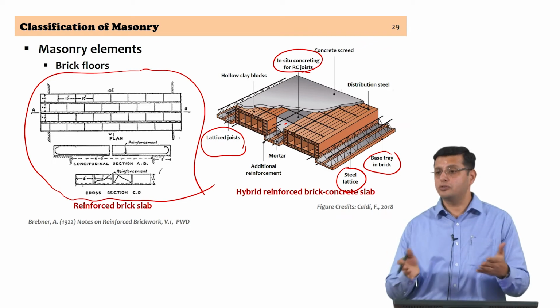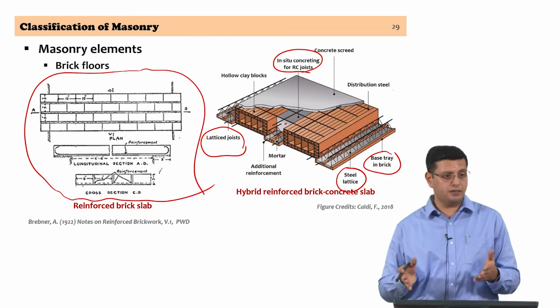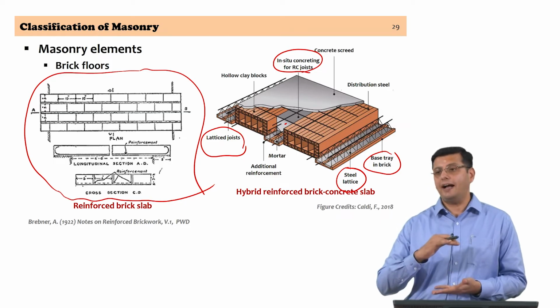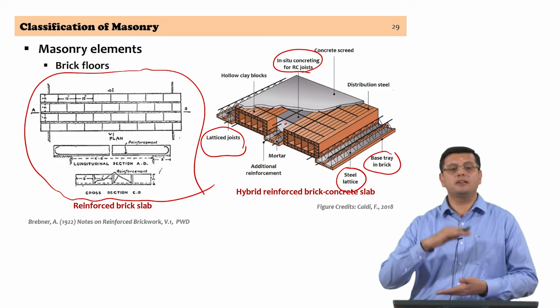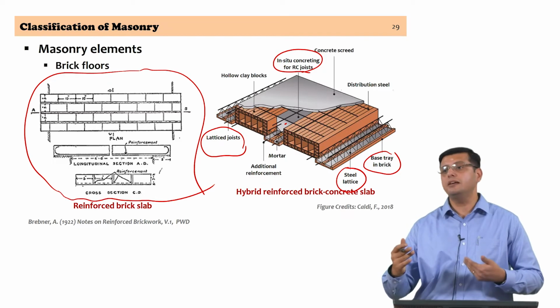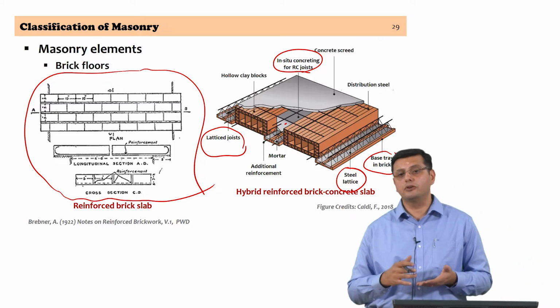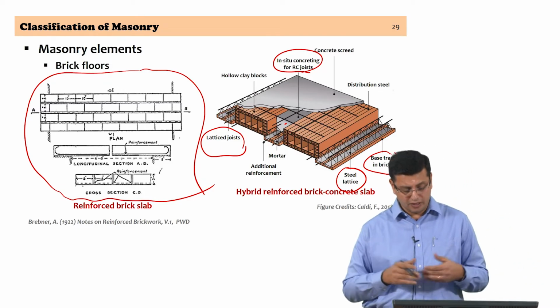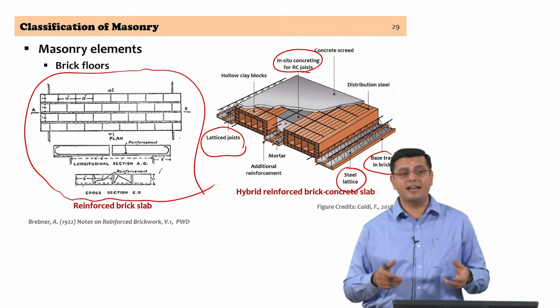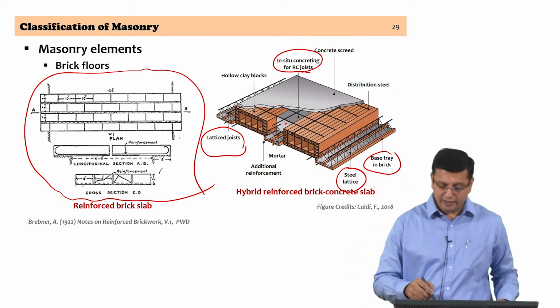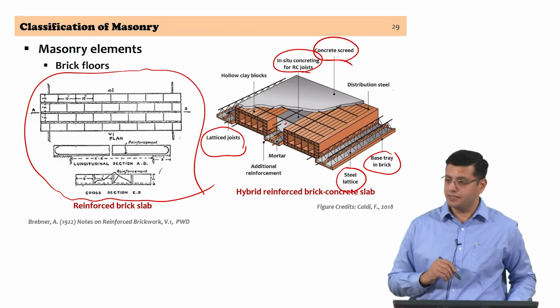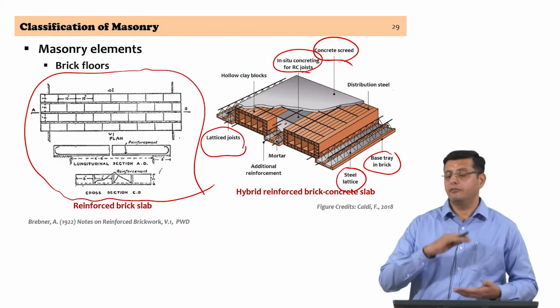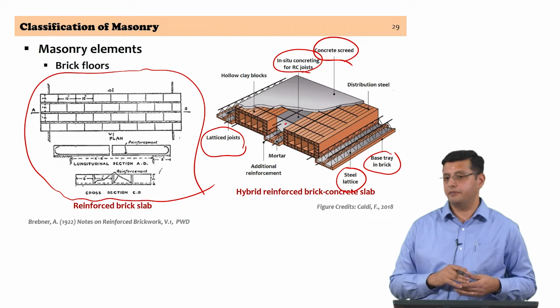They are hollow, so the weight is reduced in the slab construction, while giving good shear transfer to the entire system and the compressive strength that is required for the cross section of the slab in bending. Finally, this entire construction is topped with a concrete screed and forms the composite cross section that we are talking of.